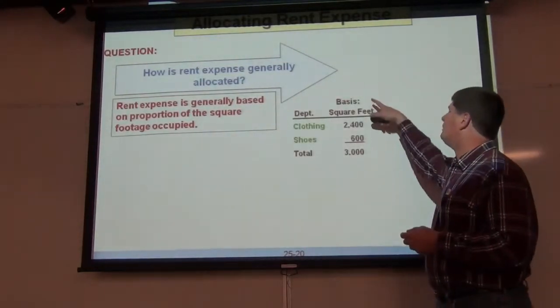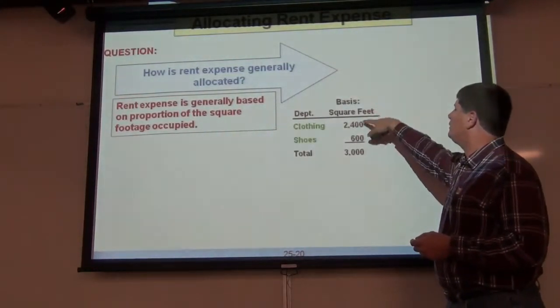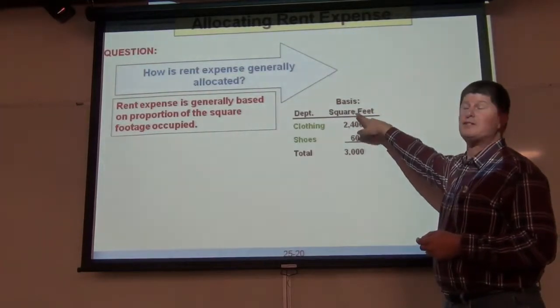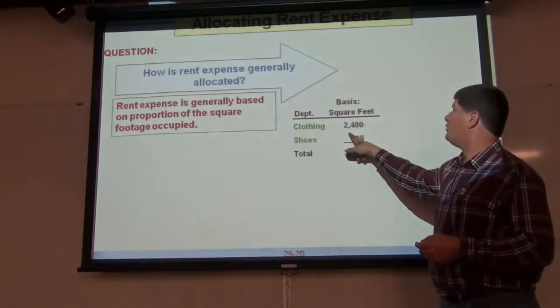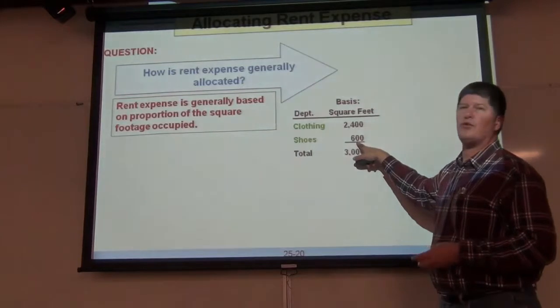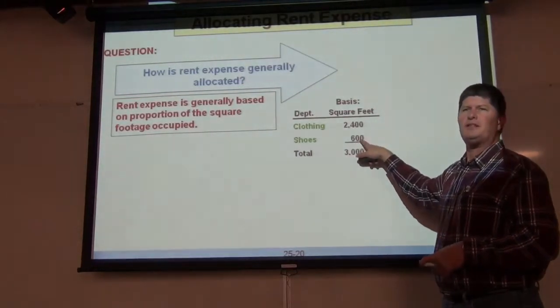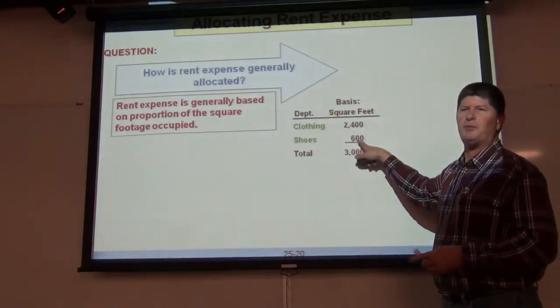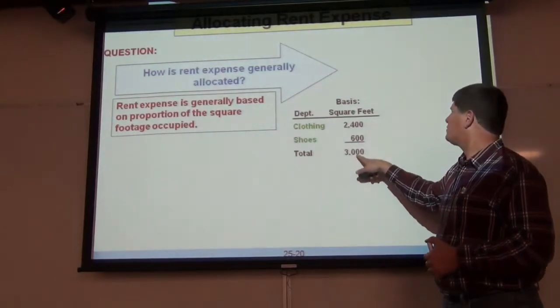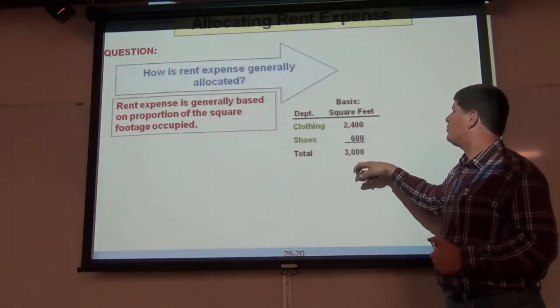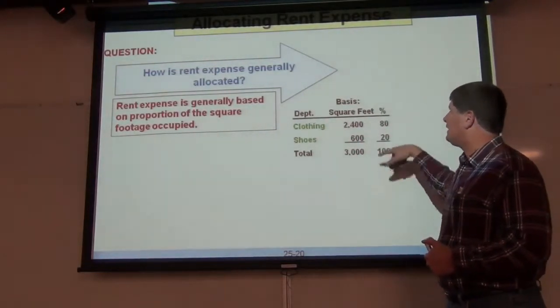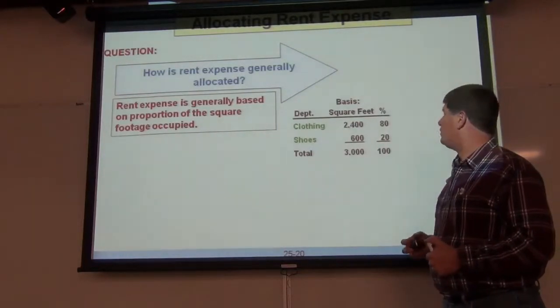So, just as an example, let's go back to our Macy's example. Clothing is 2,400 square feet, shoes are 600 square feet. That's not a typical Macy's I've been in lately. The shoe department is pretty big, right? So there's 3,000 square feet in the store. It's 80% clothing, 20% shoes.